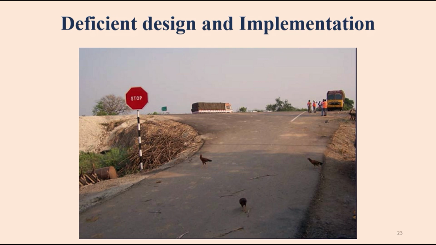At this kind of intersection, if some vehicle is coming from the bottom, you will not be able to see who is coming on the other side. As per the IRC code, you should have at least 2 to 3 vehicle lengths of flat ground at the intersection. So at least 10 meters of flat ground while having this kind of intersection, so that a vehicle can see what kind of vehicle is coming from the opposite direction.